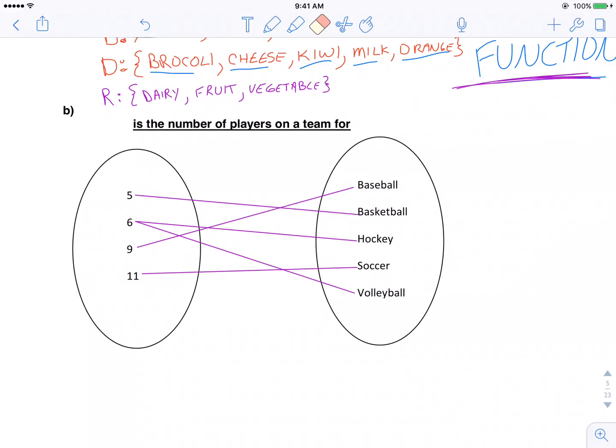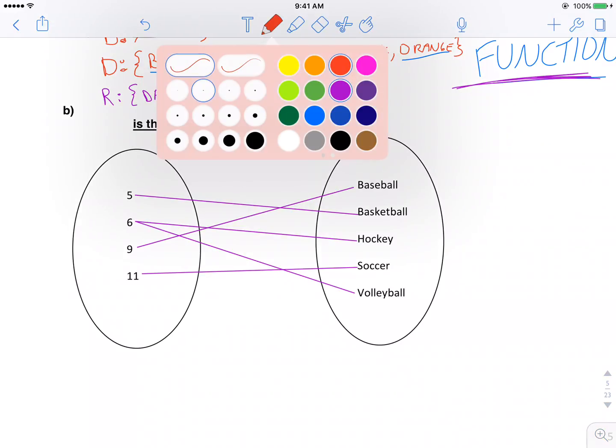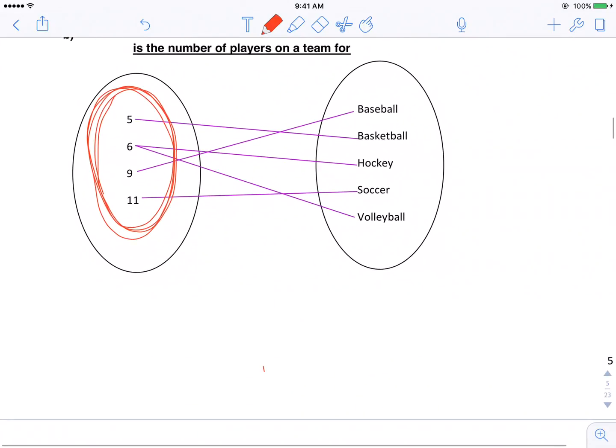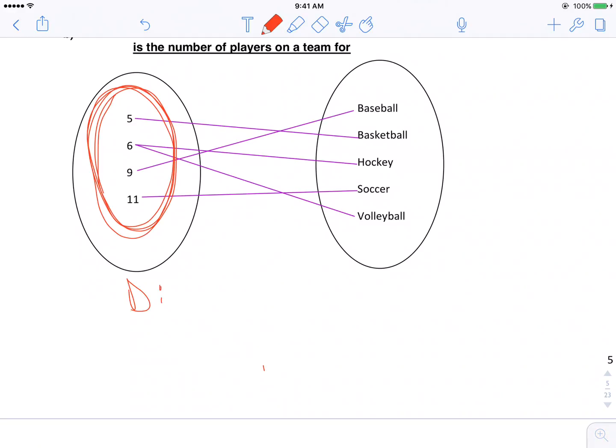The first set of things is our domain values. So I would go domain, colon, fancy big bracket, 5, 6, 9, 11, and bracket. There's my domain.